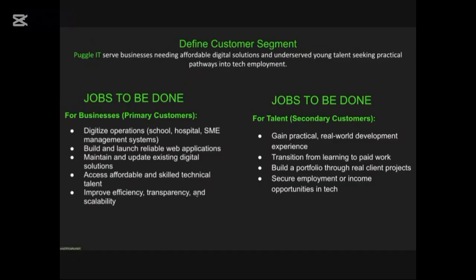So this is the job we need to do for business, which are our primary customers. Now, secondary customers are talent. And the reason we call them secondary customers is because basically what we are delivering, the value, we have done the costing, and we see that it can get up to thousands of dollars to train a tech talent.